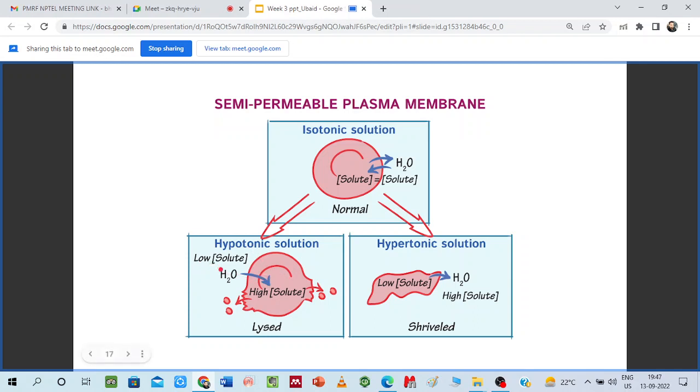So water moves from the hypotonic solution, this culture media, to the cell, and cell lysis will occur. And if the cells are placed in a hypertonic solution, which has high osmolarity, the water will come out of the cell and shrinkage of the cell occurs.